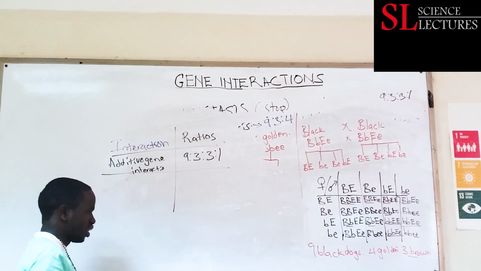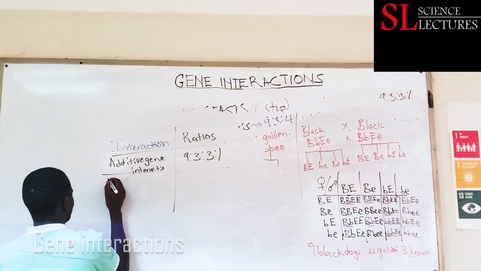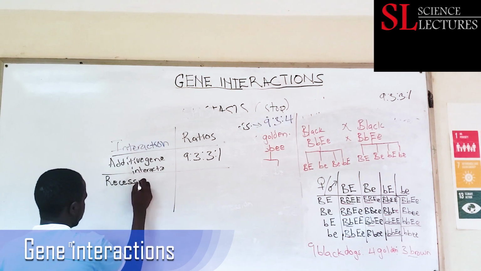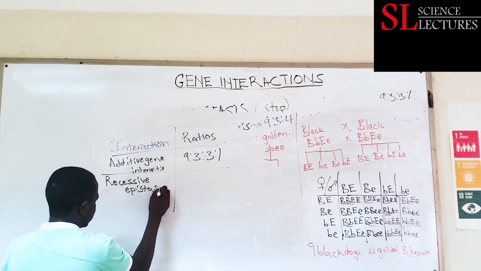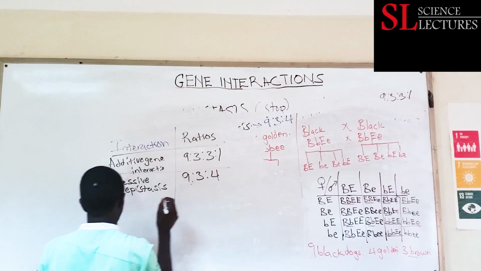After that, we started looking at the various deviations from this ratio. The first one was recessive epistasis, which you've just seen, and the ratio is 9 to 3 to 4.